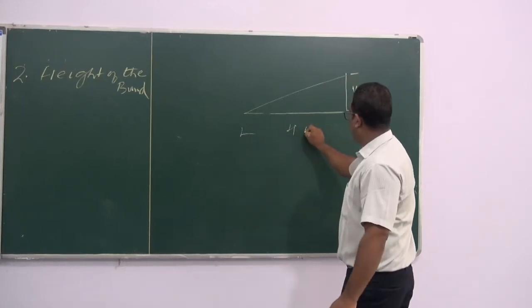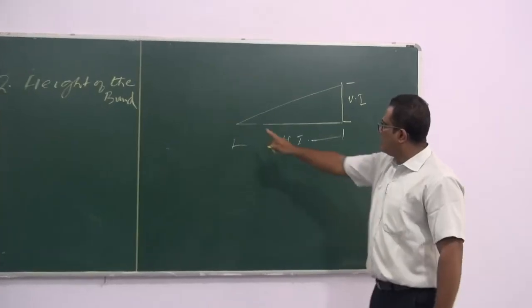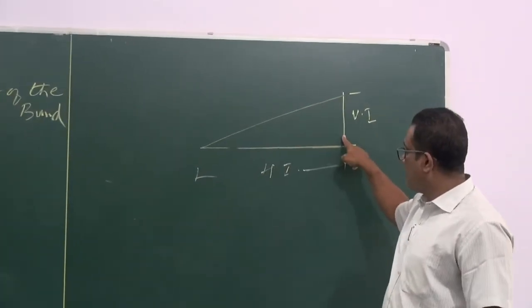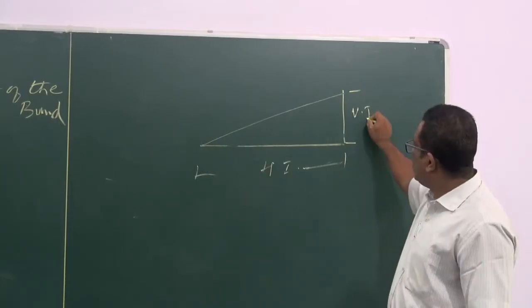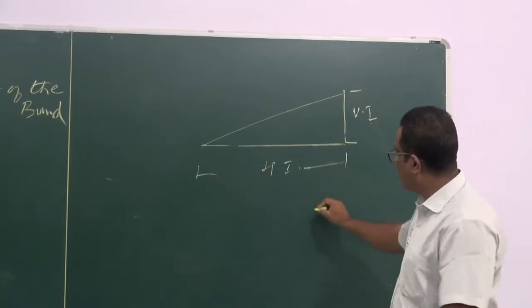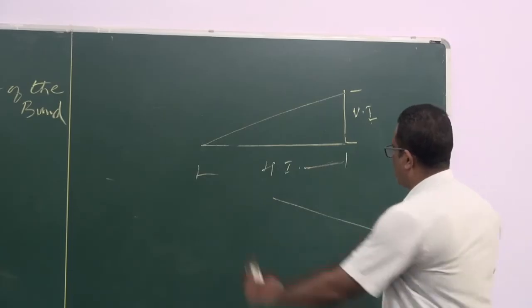If we take out the section of these two bunds, here there is one bund, another bund is here. This is the vertical interval, this is the horizontal interval. In reality it will look like this.